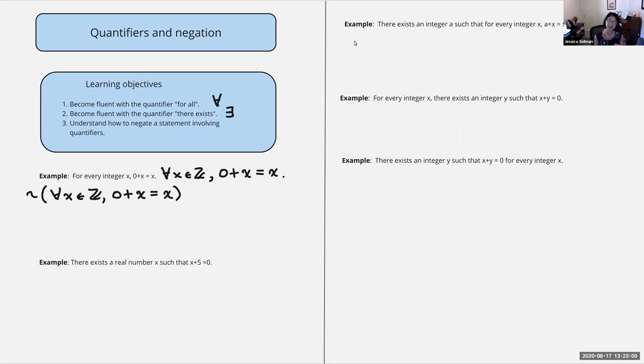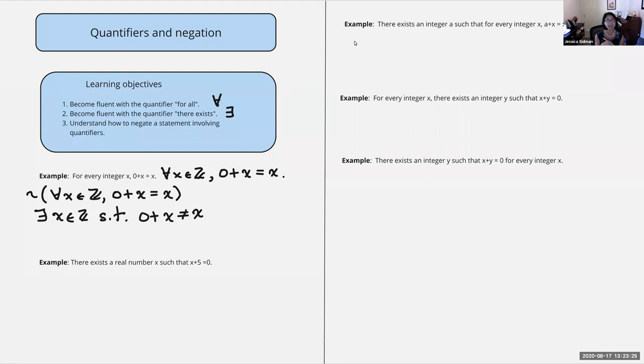So in logical notation, we might write the negation as something like this: there exists an integer x, and I'm going to use s.t. for such that, 0 plus x is not equal to x. This is equivalent to the negation of the statement.